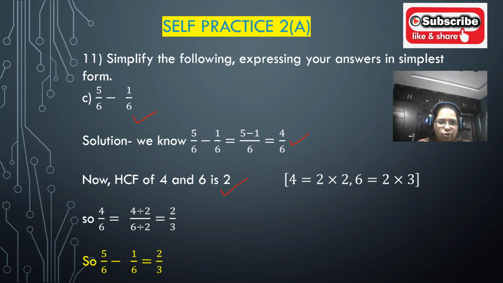Now we divide both numerator and denominator by 2. So 4/6 equals 4 divided by 2 over 6 divided by 2. 4 divided by 2 is 2 and 6 divided by 2 is 3. So 4/6 equals 2/3, and 2/3 is the simplest form of this fraction. So 5/6 minus 1/6 equals 2/3, and 2/3 is the simplest form.